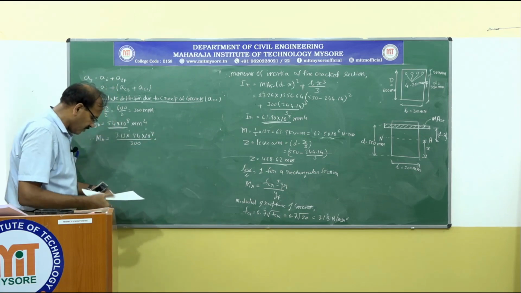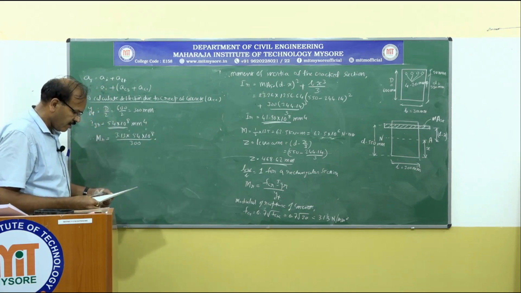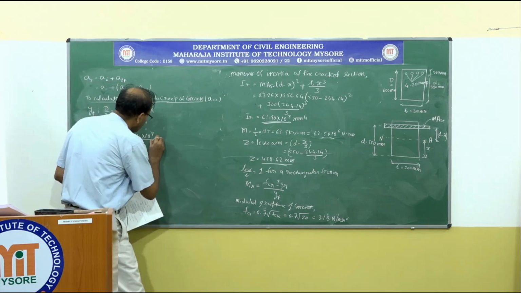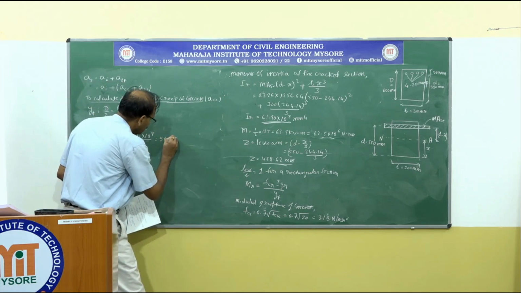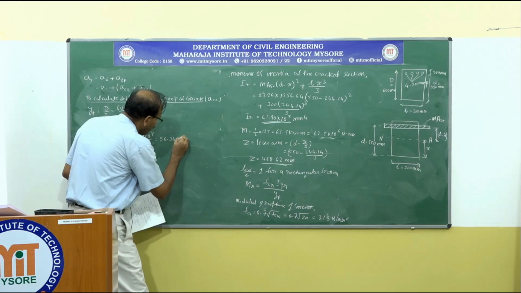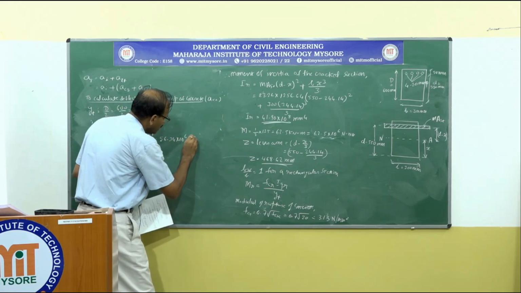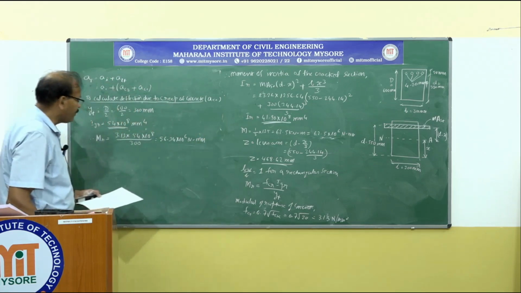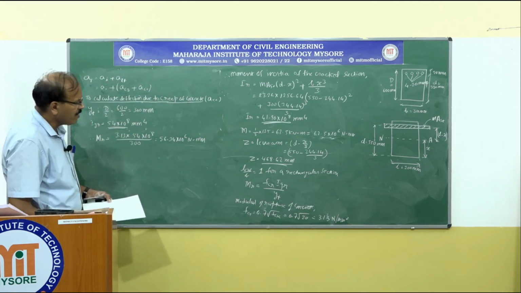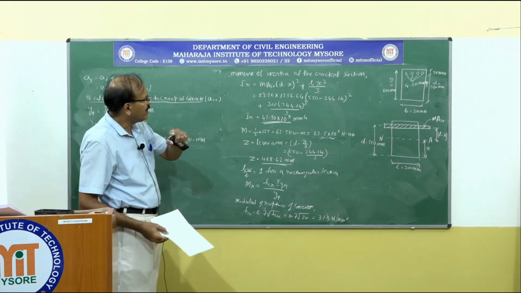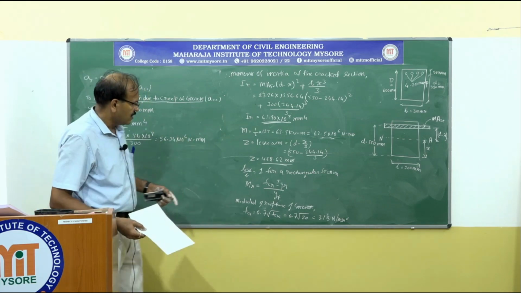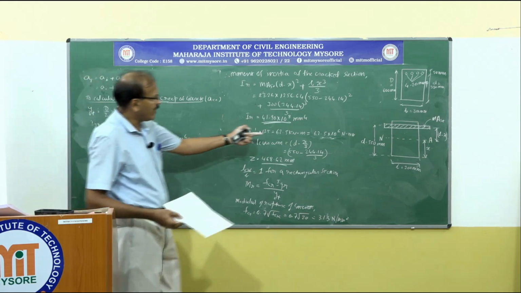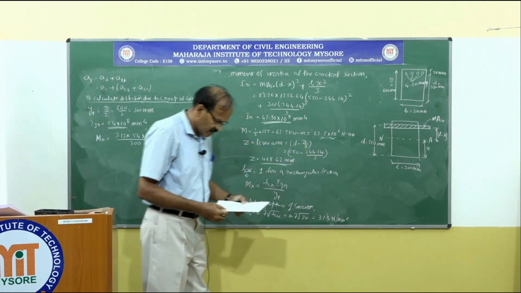So finally we get the value of Mr equal to 56.34 into 10 to the power of 6 Newton millimeter. And of course, M is half the value of the total moment, that is 125 divided by 2, equal to 62.5 kilonewton meter.